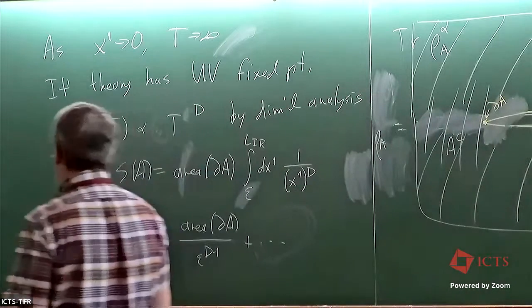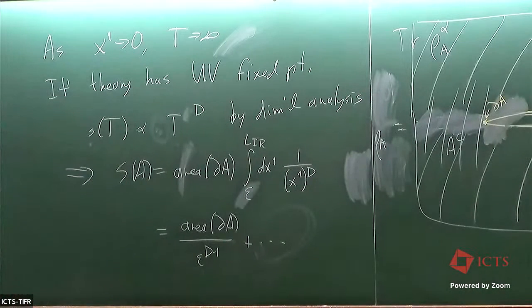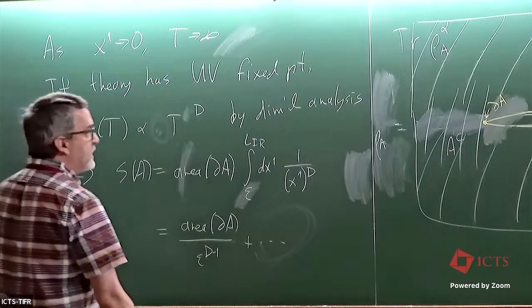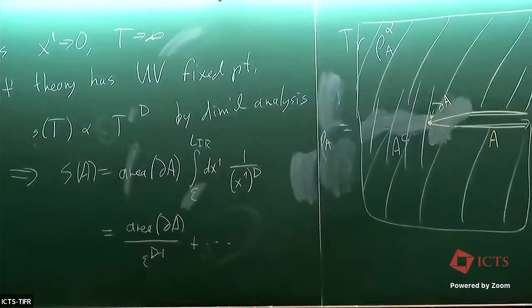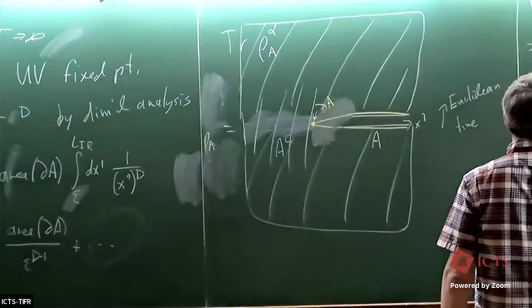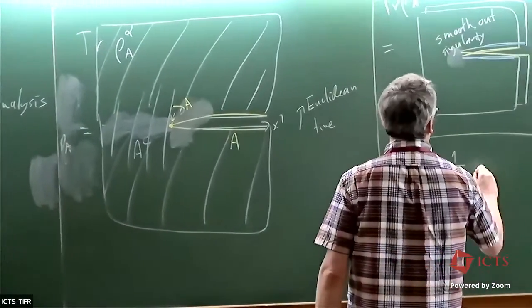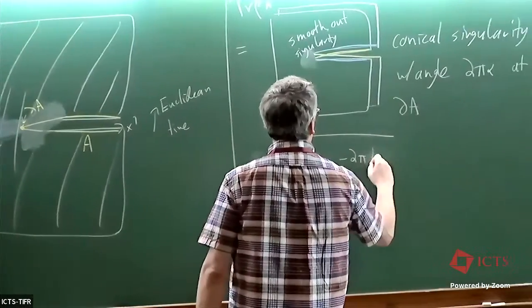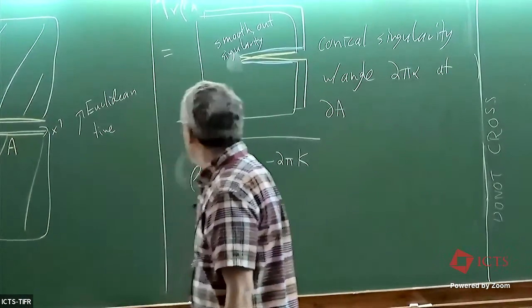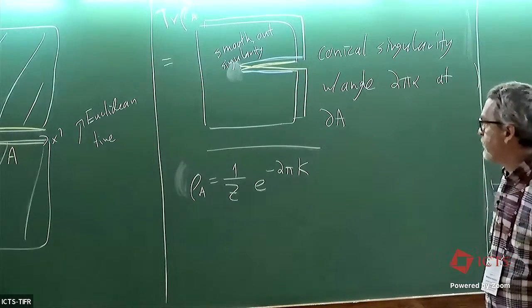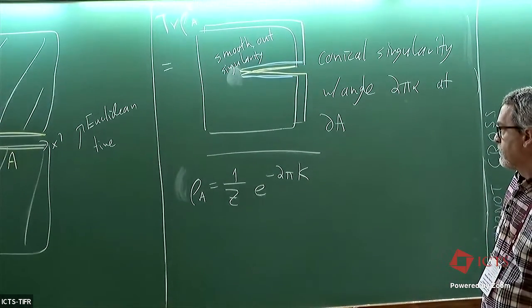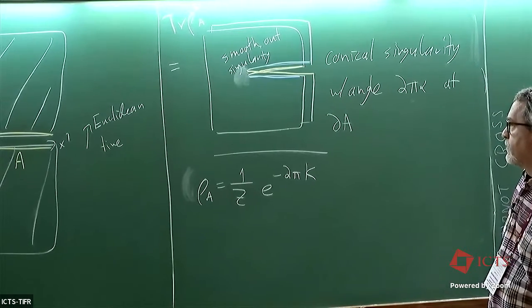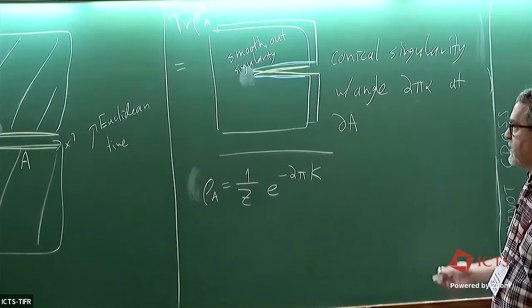Not really, because the expression you have, in Rindler, rho sub A is 1 over z e to the minus 2 pi k. It's too divergent.